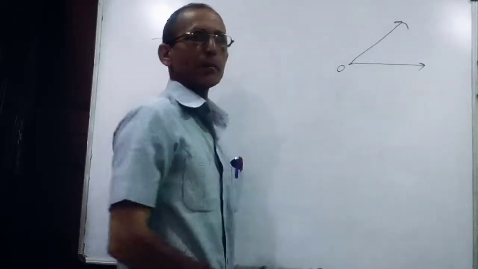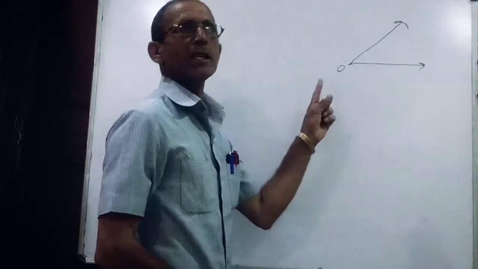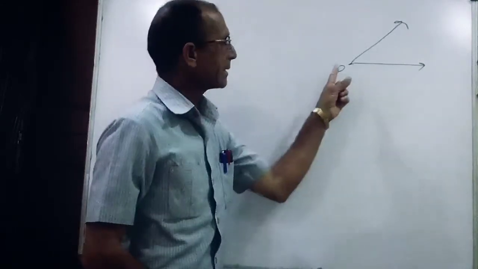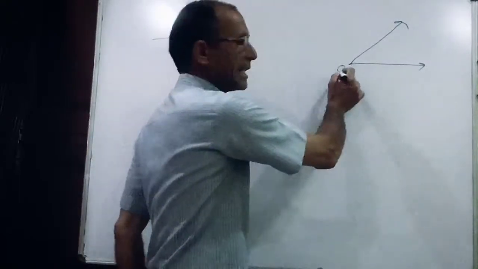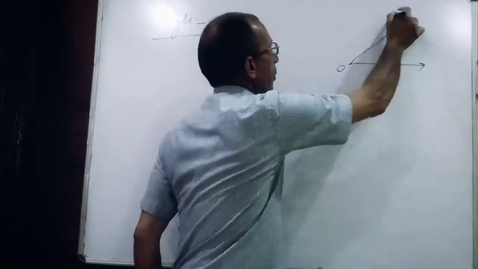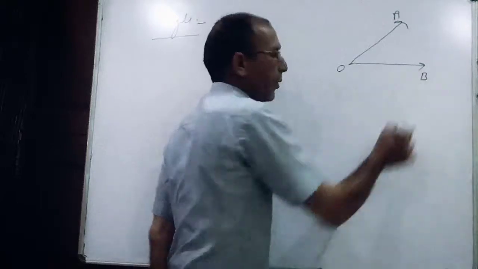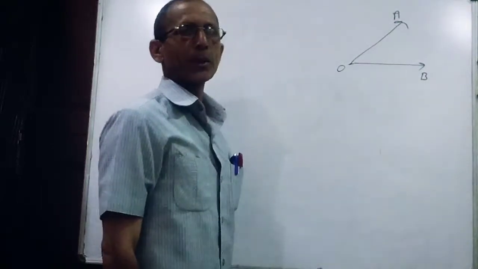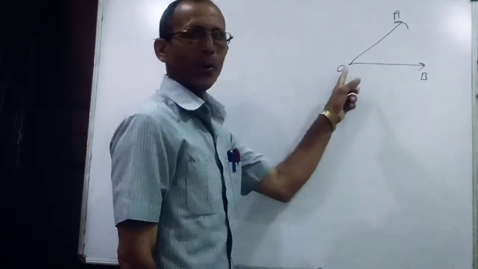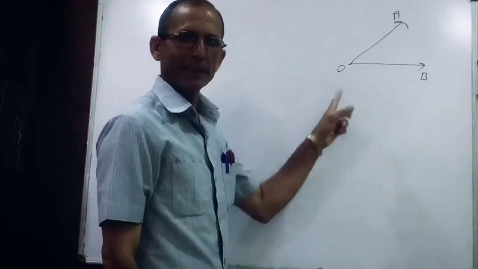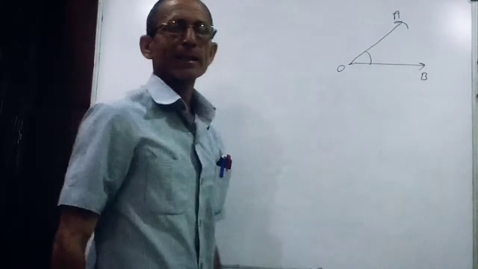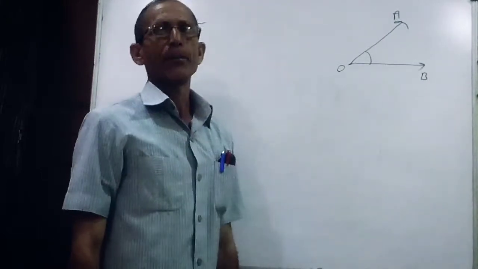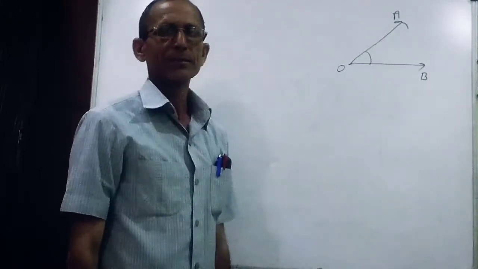O is the initial point. Initial means the point from which the rays started. So O is the initial point, and OA and OB are two rays which have O as their initial point. This measure will be the measure of the angle.